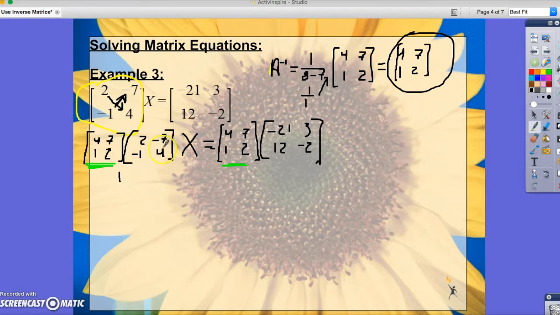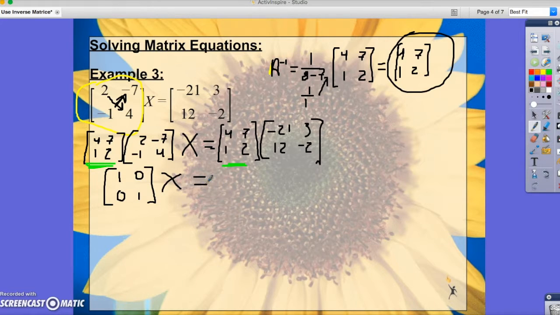Negative 28 plus 28 is 0. 1 times 2 is 2. So 2 minus 2 is 0. So we're just doing multiplication. 1 times negative 7 is negative 7. Plus 8. Negative 7 plus 8 is 1. So as long as you don't mess up the inverse, your product will always be the identity matrix.